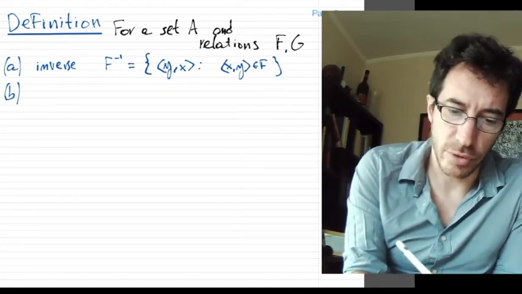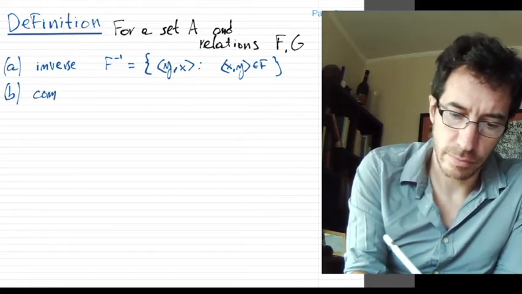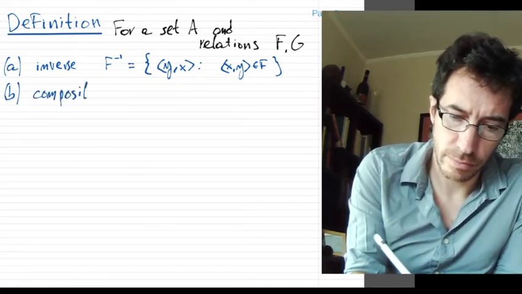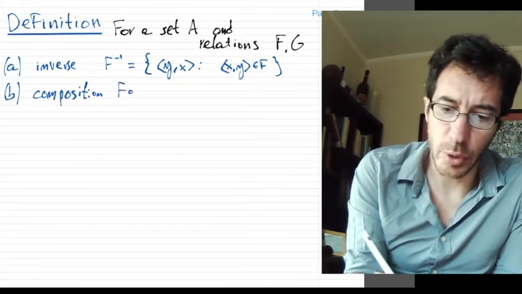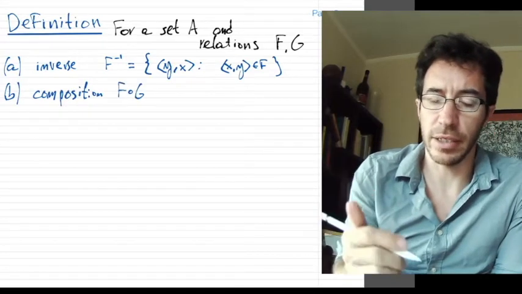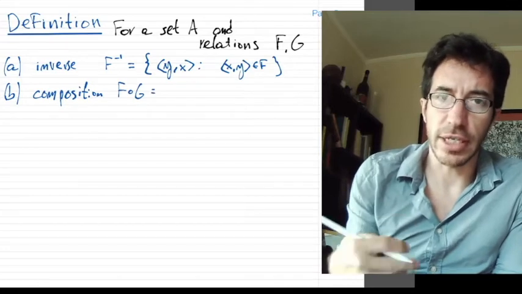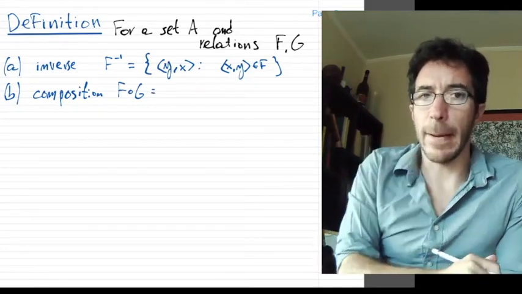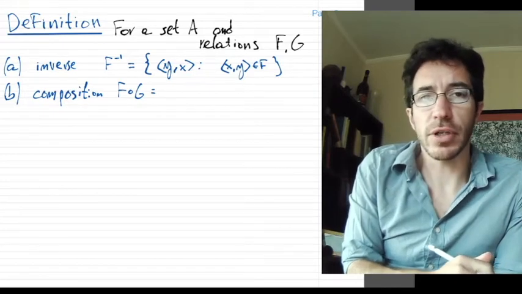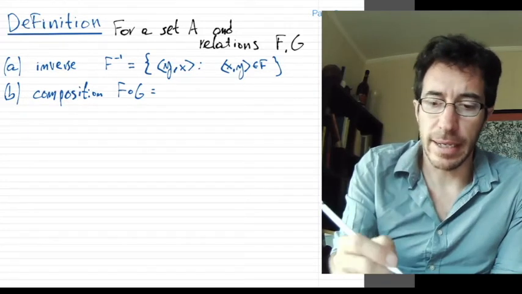And the composition. You know how to compose functions. That means you first apply g, and then you apply f, and you get the composition of g and f. We can compose relations; we don't need them to be functions. What are we going to get?